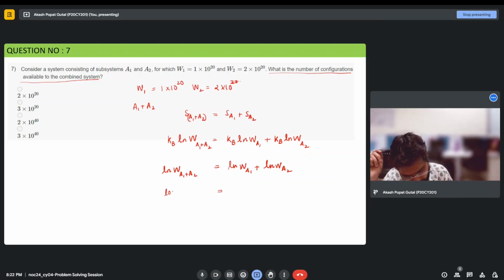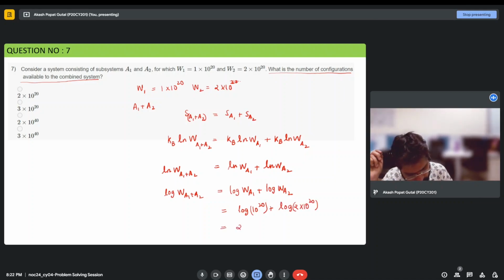So we can write log WA1 plus A2 is equal to log of WA1 plus log of WA2. Similarly, what we get here is log of 10 raised to 20 plus log of 2 cross 10 raised to 20.